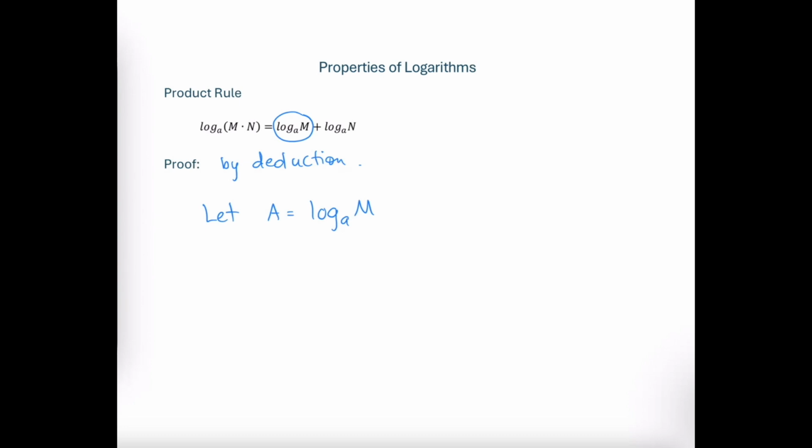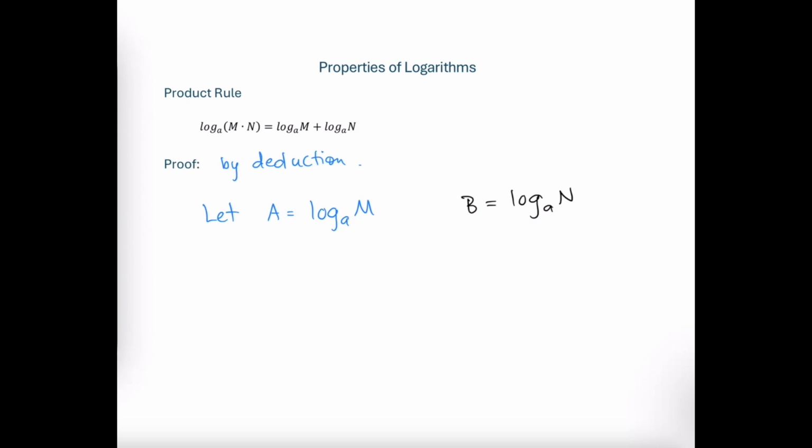We let U be equal to a complicated piece, and then that makes the algebra a little bit easier to look at, and then at the end we back substitute. So similarly, we have a complicated piece that appears in the proof. We're going to let some smaller quantity, let's say B, be equal to that complicated piece. That'll make the proof a little bit easier to look at, and then at the end we'll back substitute to where these things came from.